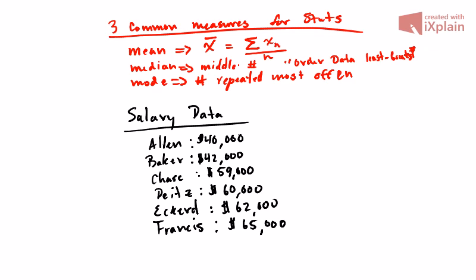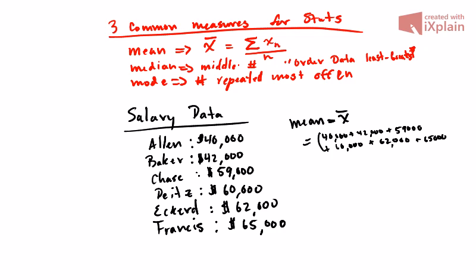Now, the mean, or the average, is equal to 40,000 plus 42,000 plus 59,000 plus 60,000 plus 62,000 plus 65,000.